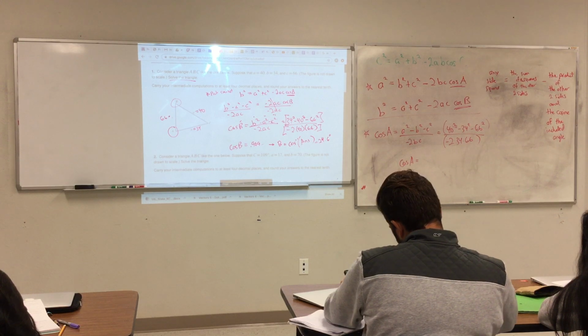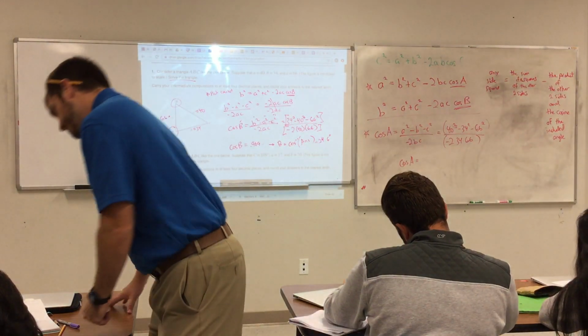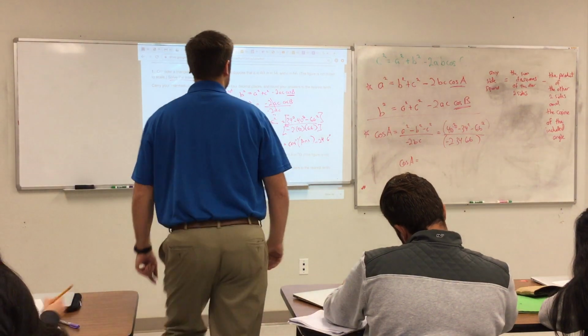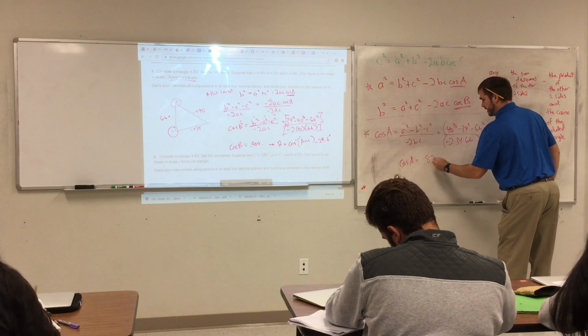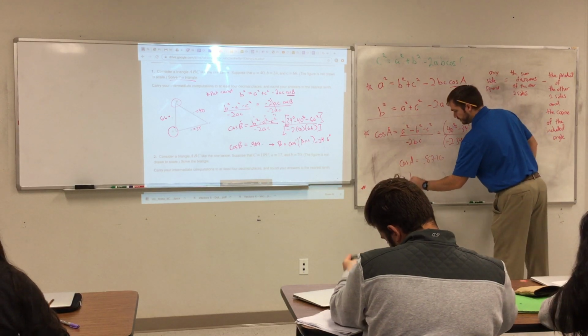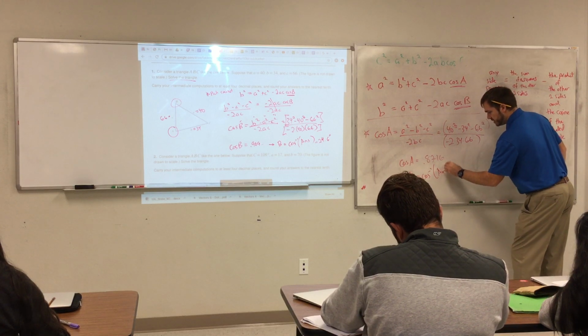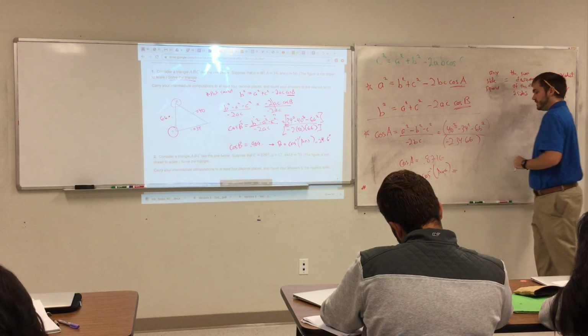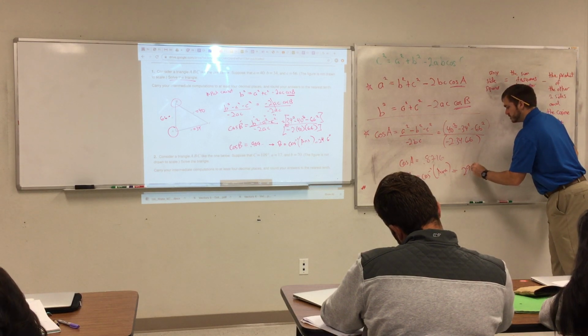Yes, good job. And Emma, I didn't check yours. Yes, okay, great. So that was 0.8716. Therefore, angle A is going to be the inverse cosine of that answer. Robert, what'd you get for that? 29.3.